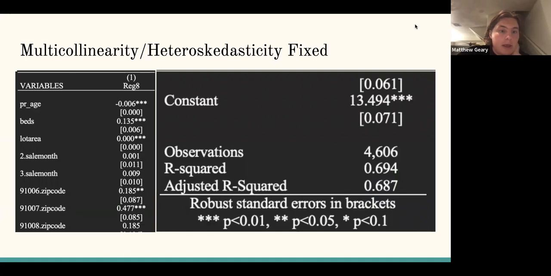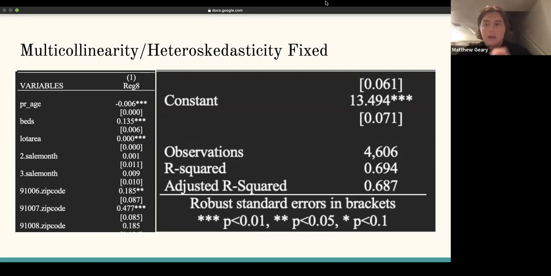And so we look here, and after taking those out, we get an adjusted R squared that is 0.687, which is a little lower than if you leave some of those in, but you can't have multicollinearity, so you have to take them out. So the adjusted R squared right here just says 0.687, which means that our regression shows about 68% of the variation.